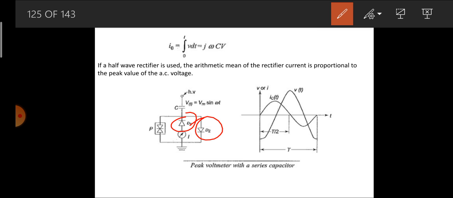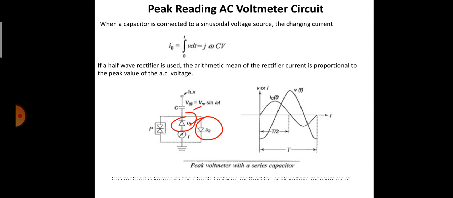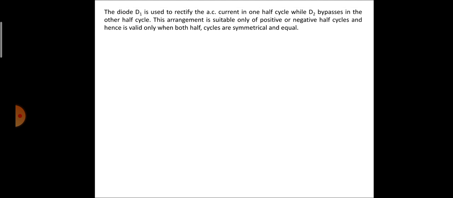For the positive half cycle D1 conducts, and for the negative half cycle D2 conducts. D1 rectifies AC only in one half cycle, while D2 bypasses in the other half cycle. This arrangement is suitable only for positive or negative half cycles, and is valid only when both the half cycles are symmetrical and equal. This is important.